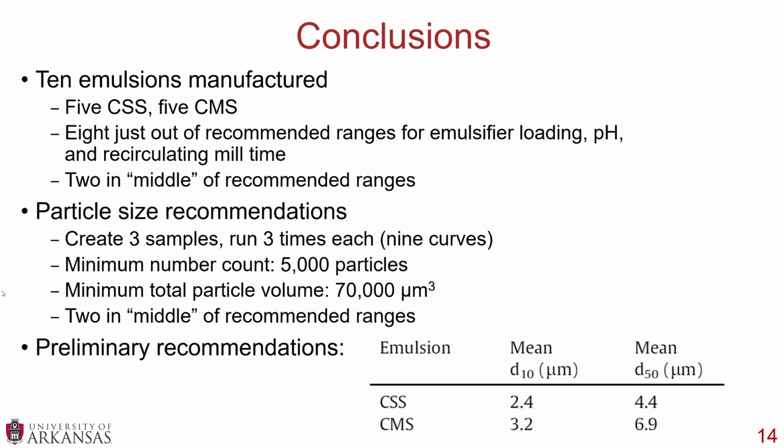And again, our preliminary recommendations was for CSS emulsion, you wanted a mean D10 of 2.4 and a mean D50 of 4.4. And for CMS, a mean D10 of 3.2 and a mean D50 of 6.9.